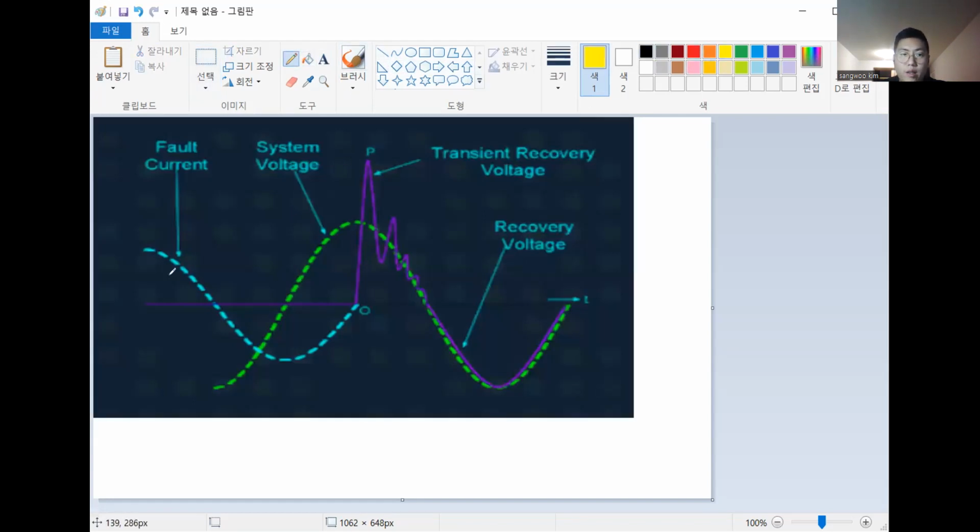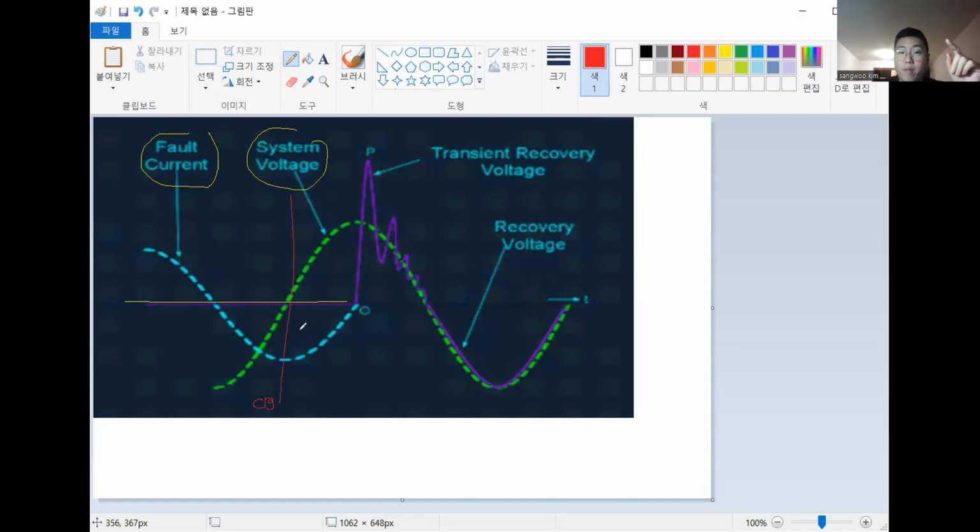So look at that. This color is the fault current, and this green is the system voltage in the circuit. For example, if this red line is the circuit breaker, CB, when the CB is opened, it makes the circuit open, right?